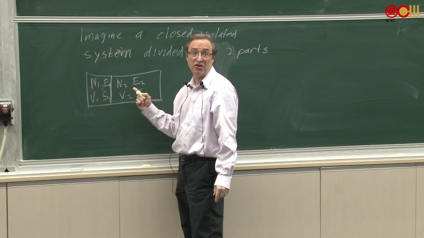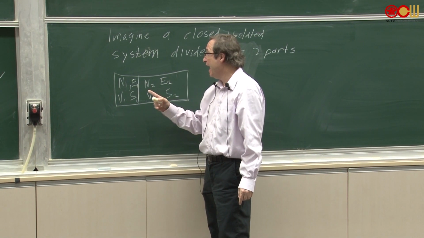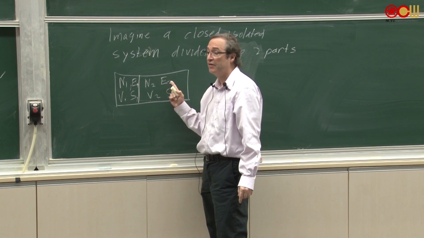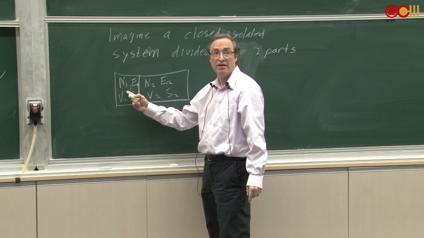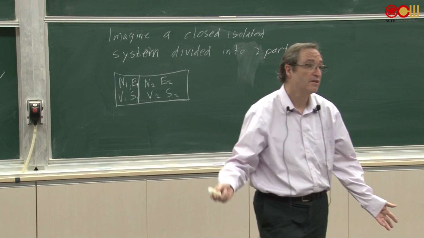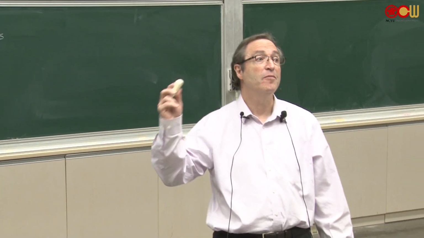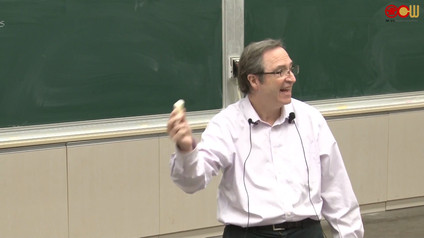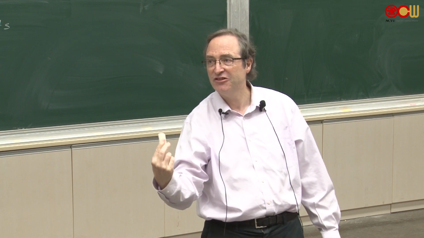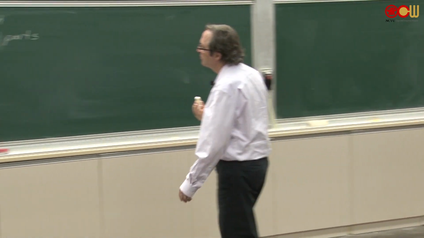We don't know which way it's going. We really don't. And just because E2 might be bigger than E1, that doesn't mean energy is going from here to here. Right? Because this could have a larger volume, larger number of particles, etc. Okay. Now we're going to apply the first and second law of thermodynamics and get out a definition of temperature, or at least motivate a definition of temperature.